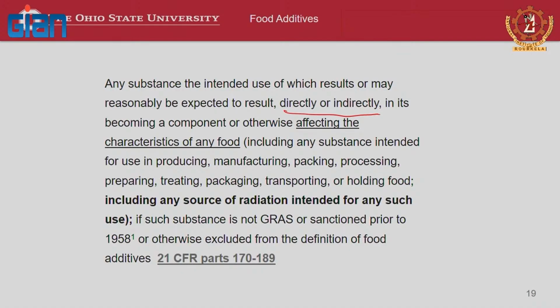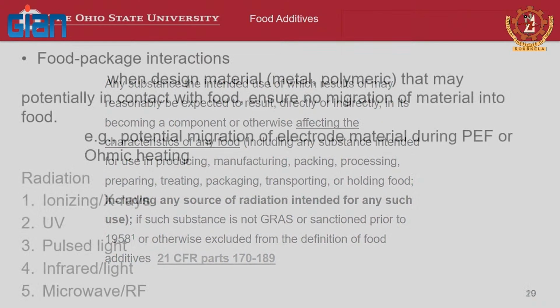So, you may have, for example, certain additives or preservatives added to your food. In the same way, Congress defined radiation as an additive, because potentially when you do radiation, there may be radiolytic compounds formed. As a result, it can potentially be considered an additive. So, that comes from the food additive definition.